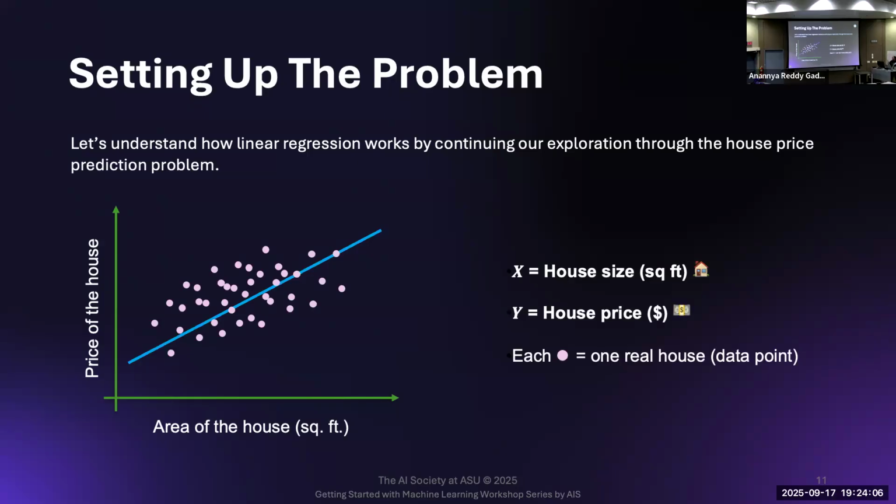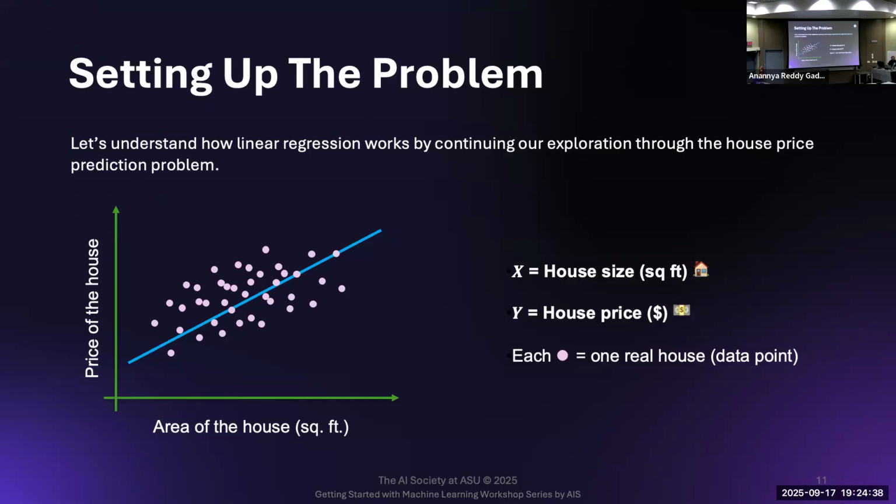Our main goal is to find a best fit line that minimizes the distance between the blue predicted output and the actual value. I'm just showing this visually so that you can understand it, and we can go further in the next slides. So any questions?